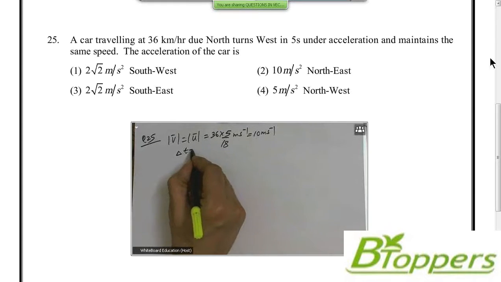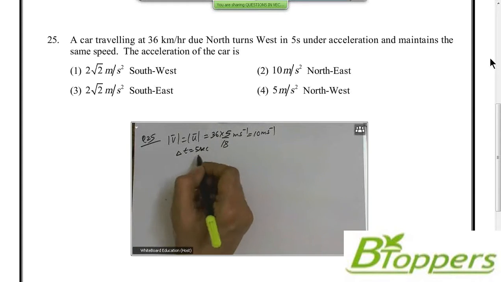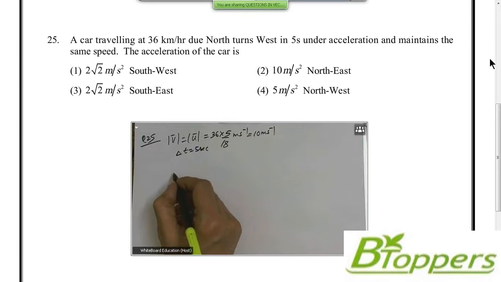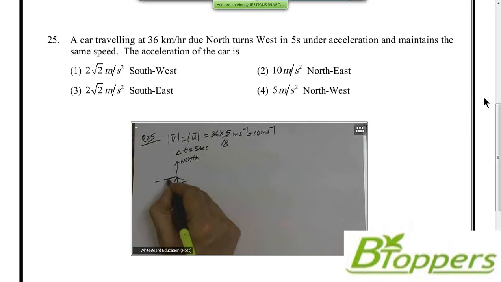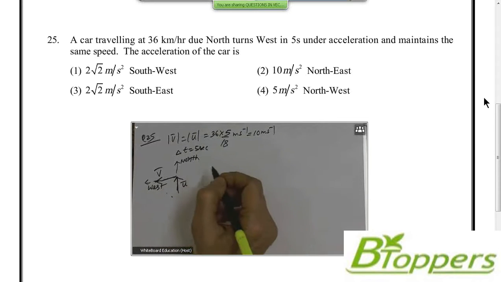This velocity changes from U bar to V bar in 5 seconds. The initial velocity is directed towards north. The final velocity is directed towards west.